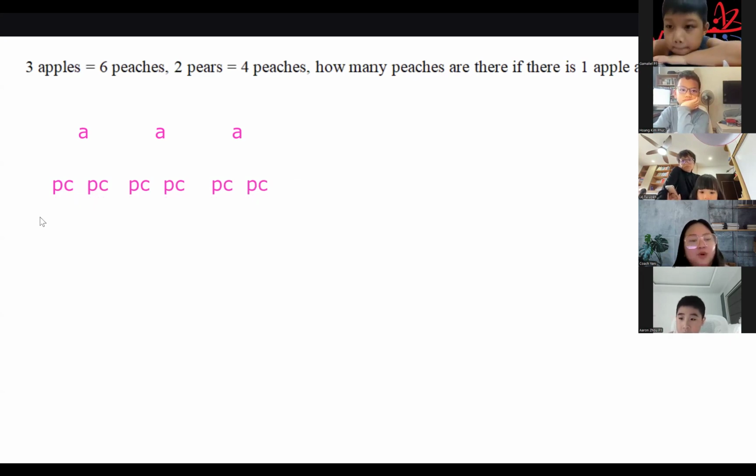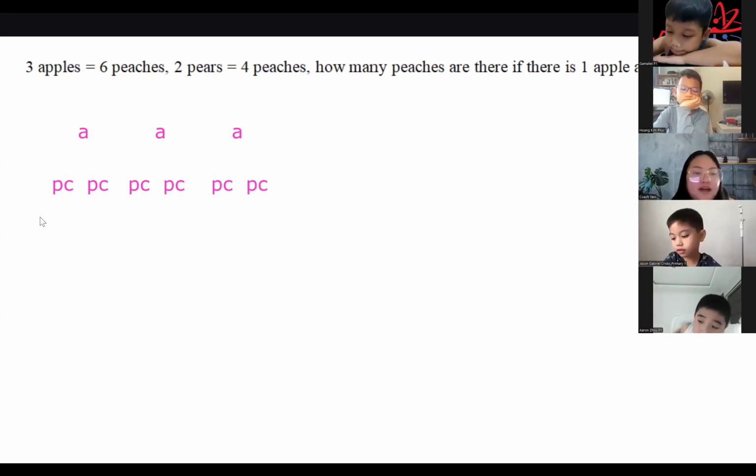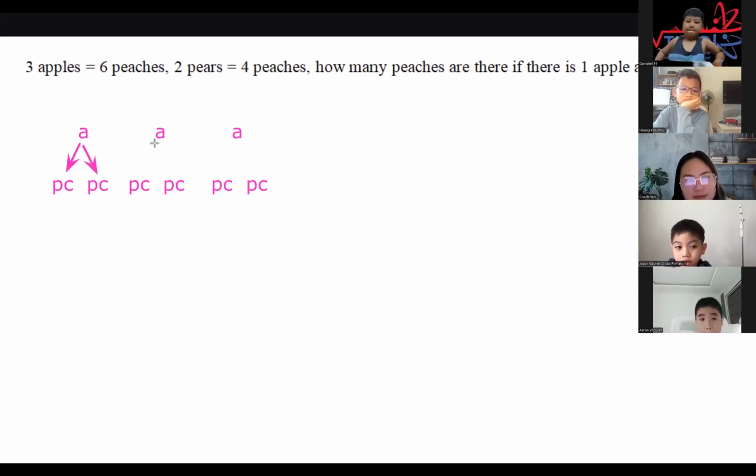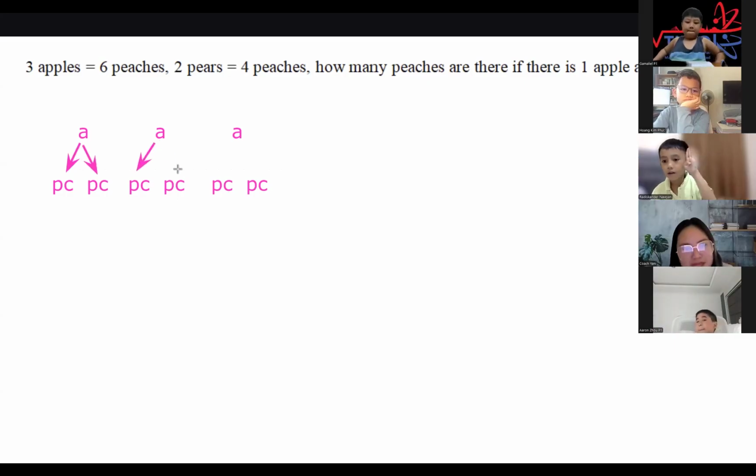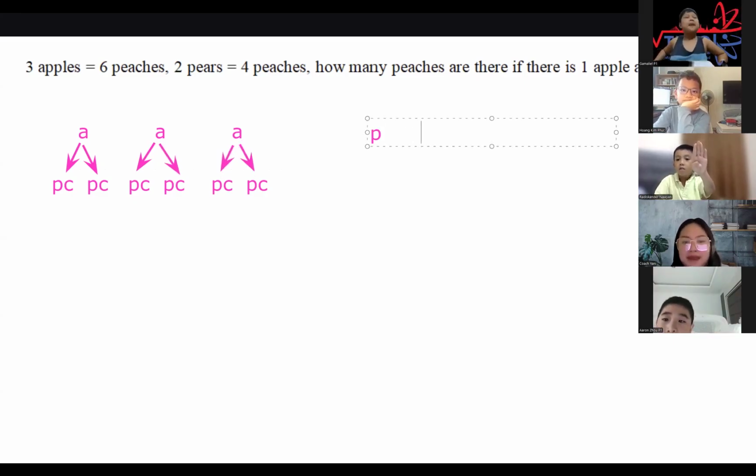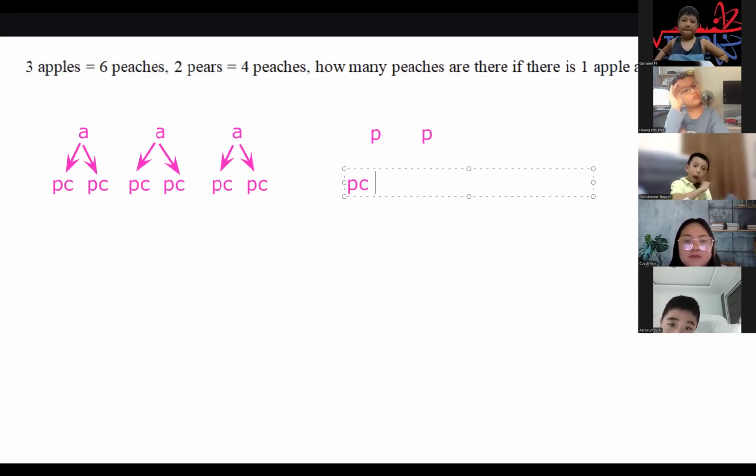Sorry. So, for this one, you are correct. The apples, if you look at it, are already 2 peaches each, a perfect distribution. Now, pears are also like this. You distribute it because a pear is 4 peaches.